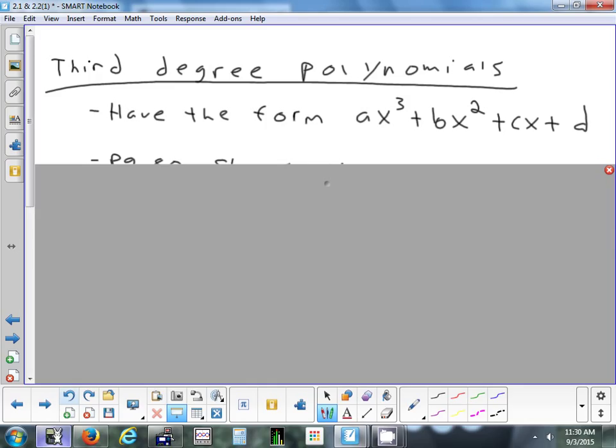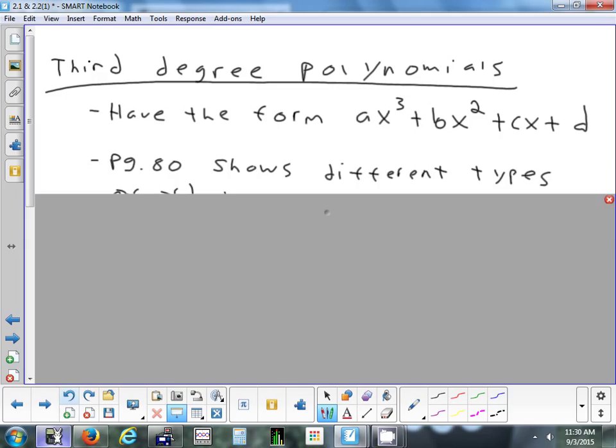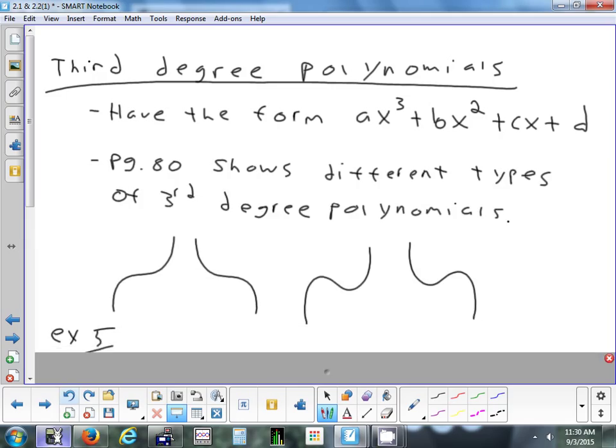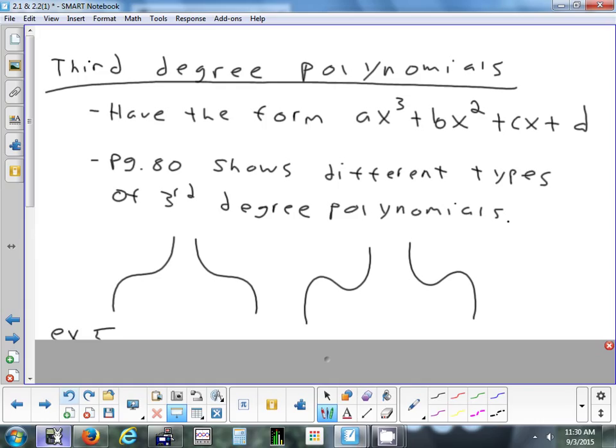Okay, page 80 shows all the different types of cubics that you can have. We've already seen some of them. We've seen the kind of cubics that actually do those turns and come up. The one on the left here is always increasing. The one on the right is always decreasing. Same thing with the other two.